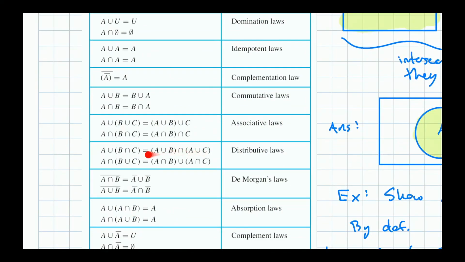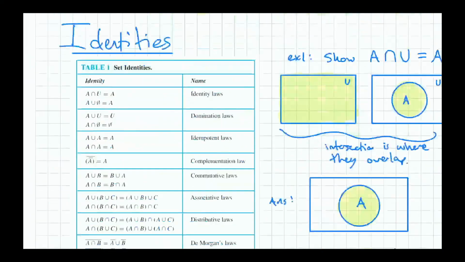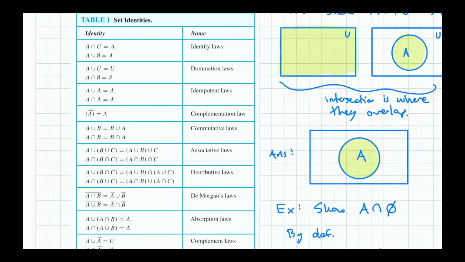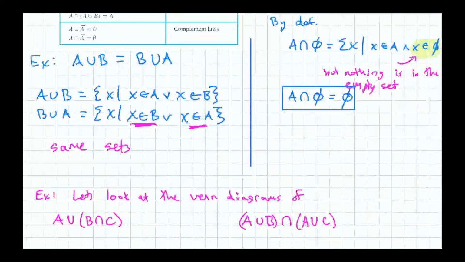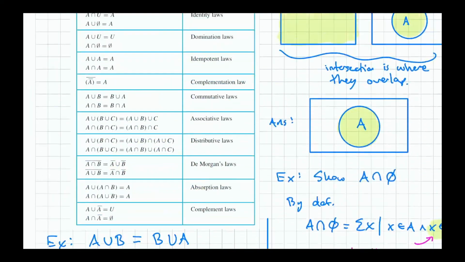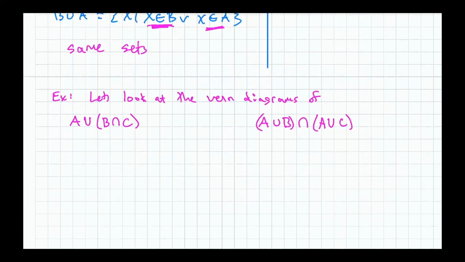So hopefully we're doing this. Let's see. What are we doing? Intersect union? Union intersect? Okay. Yeah, those are right.